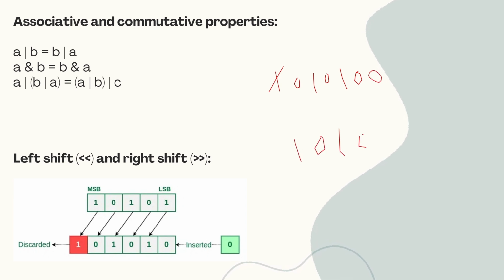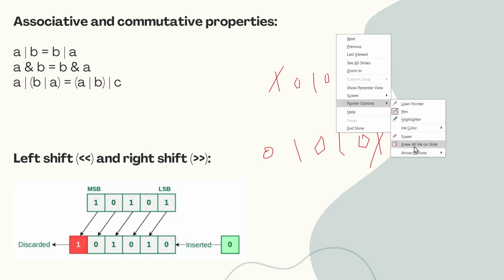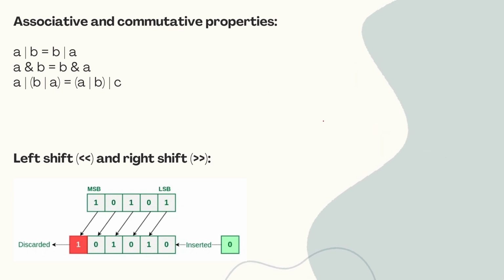Right shift means, for left shift you are adding at the right side, right? But for right shift you are adding here and you are removing this thing. In simple terms, I'm not making it complicated, but I want to tell you in simple terms.